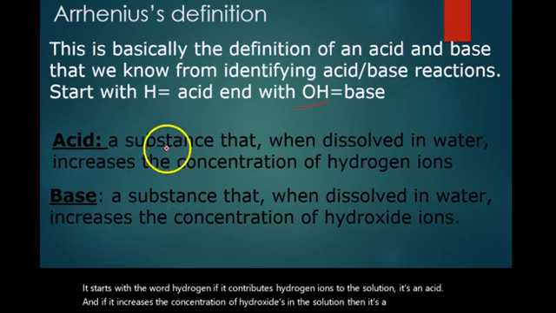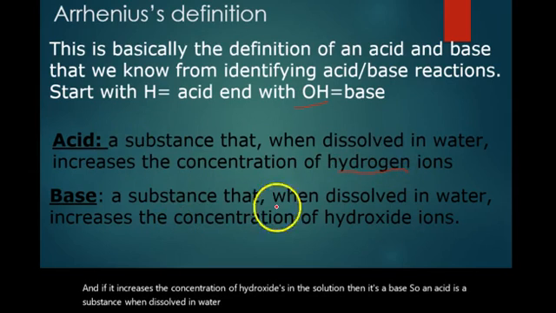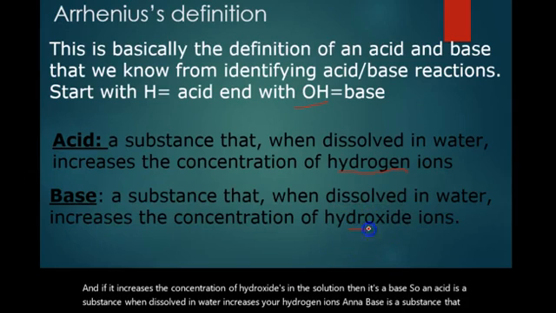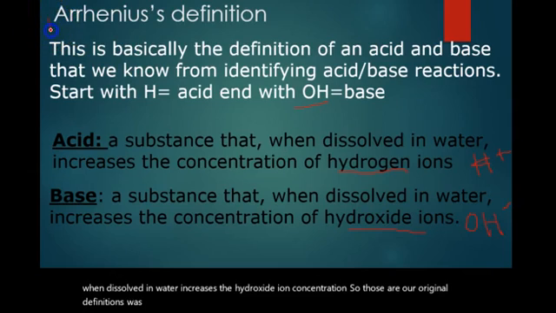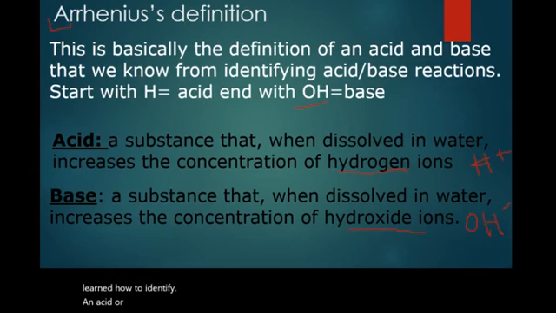So an acid is a substance that when dissolved in water increases your hydrogen ions, and a base is a substance that when dissolved in water increases the hydroxide ion concentration. So those are our original definitions, Arrhenius's. The way I remember that is A was first. It's the first way we learned how to identify an acid or a base.